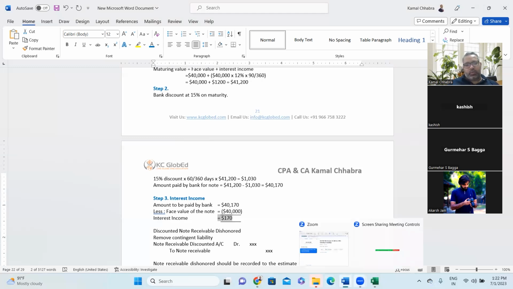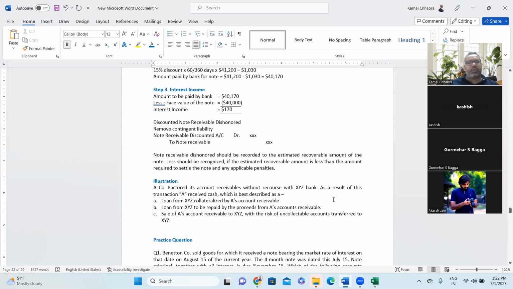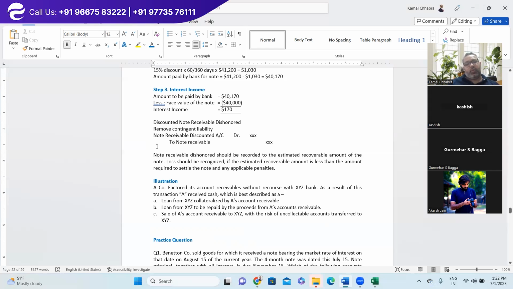Yes. So discount on note receivable dishonored, in case of dishonor. So remove the contingent liability. Note receivable discount account debit to note receivable, that will be the journal entry, and note receivable dishonor should be recorded at the estimated recoverable amount of the note, and loss should be recognized if estimated recoverable amount is less than the amount required to settle the note, including any applicable penalty.